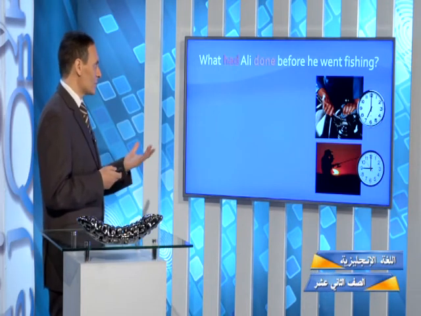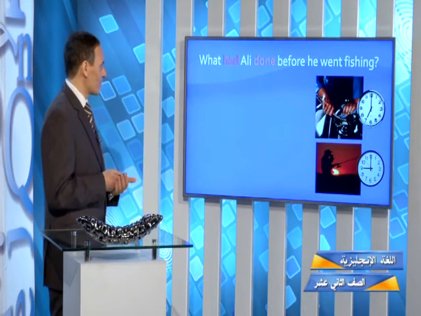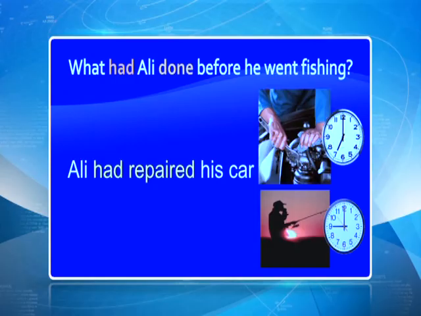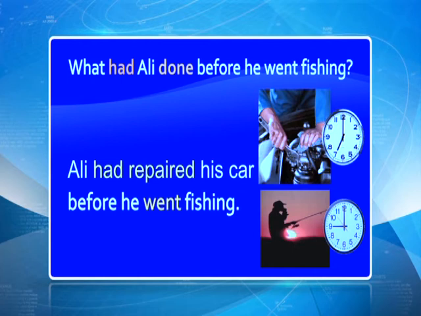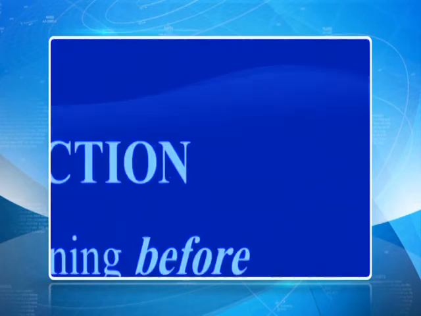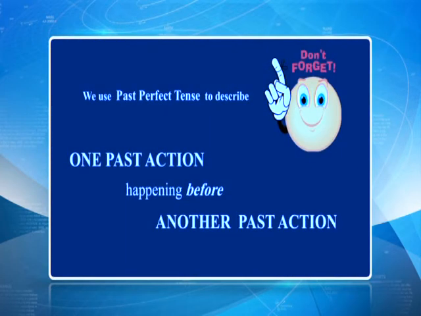To answer this question, which is using a verb in the past perfect, we say Ali had repaired his car before he went fishing. He repaired his car first, and then he went fishing. Okay? Good. So don't forget that we use the past perfect tense to describe one past action happening before another past action. Okay?